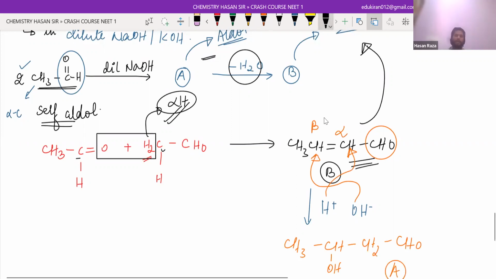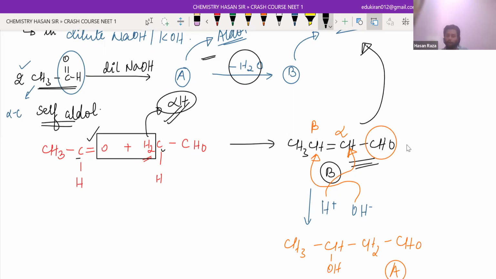Are you getting my point? You are going to have 2 mole. From 1 mole you are going to remove oxygen, and from another mole you are going to take 2 alpha hydrogen, so that you will be able to remove water. If you remove water, you will be getting a product that is aldol condensation, because you are getting it by eliminating water.